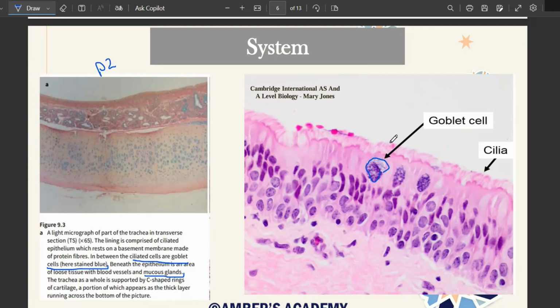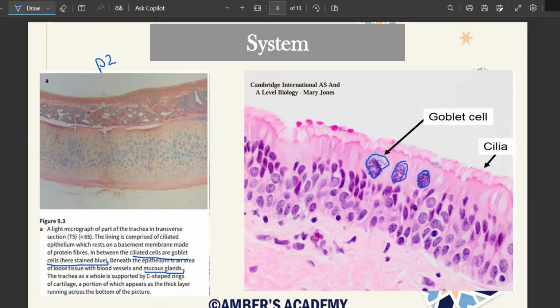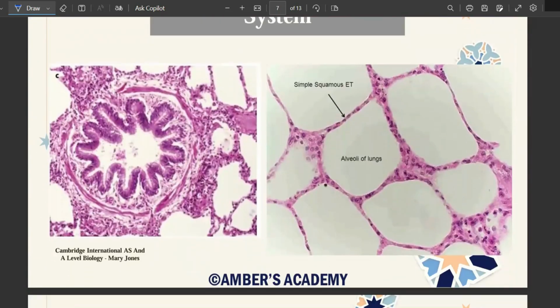So after cilia, you find goblet cells, and then mucus glands. Goblet cells are larger in size, but mucus glands are smaller in size. So the smaller ones are mucus glands, the larger ones are goblet cells.